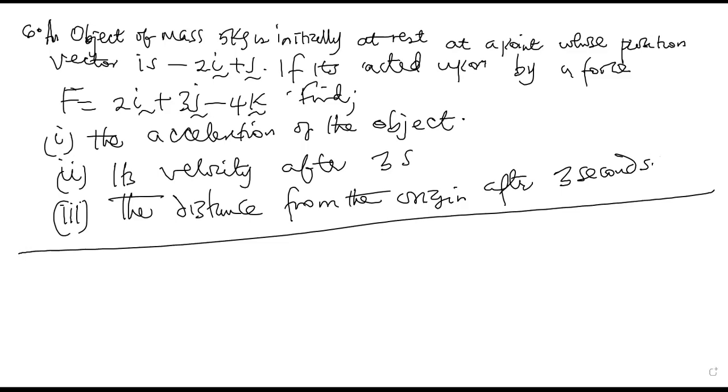Yes, it can be done, because they have given you mass and a position vector where it is placed, that is r naught at the origin. They have given you the value of r at the origin and they have given you force. So you can first get acceleration and then you continue.